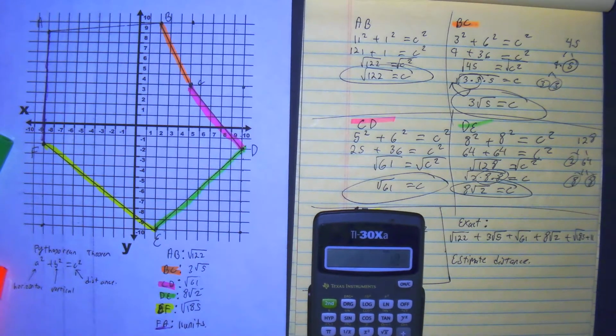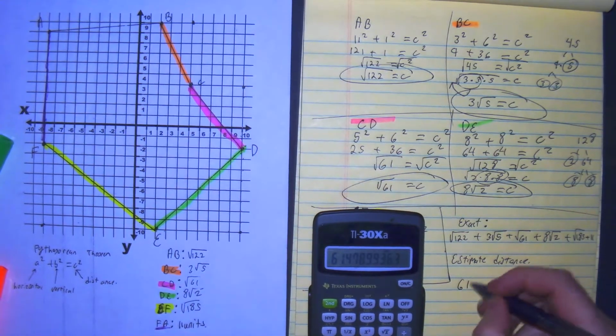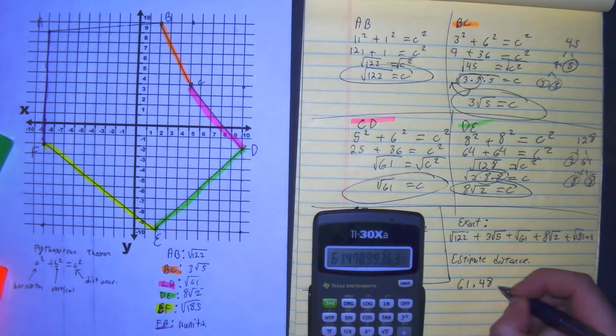So you would do 122 square root plus, I'm just going to bring that in to make it easier for me, 45 square root plus 61 square root plus 128 square root plus 185 square root plus 11 equals, and we get 61.48 units.